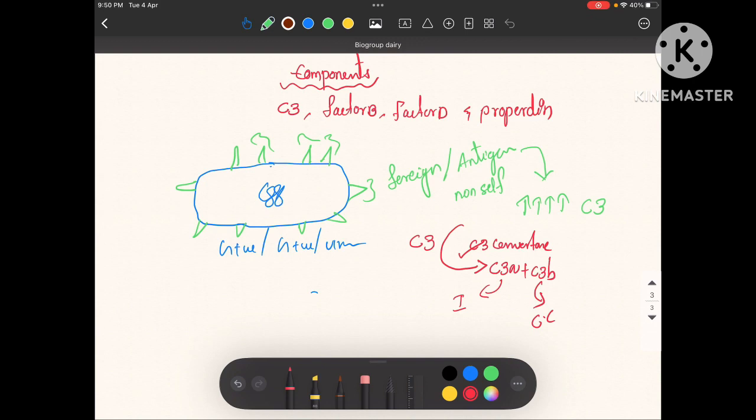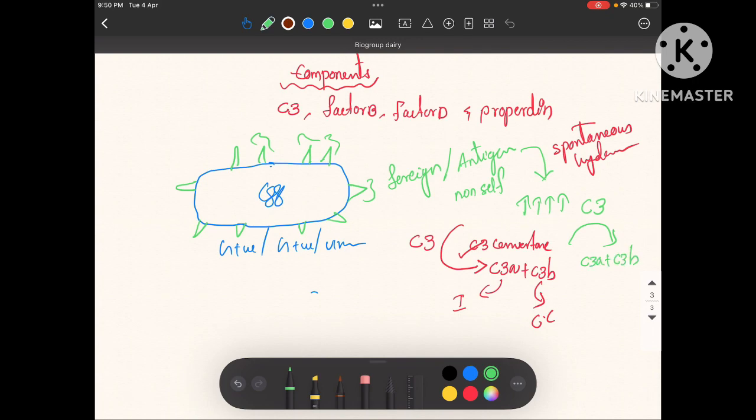the antigen directly enhances the spontaneous hydrolysis of the C3 complement factor. So the C3 will be cleaved and generate C3a and C3b.